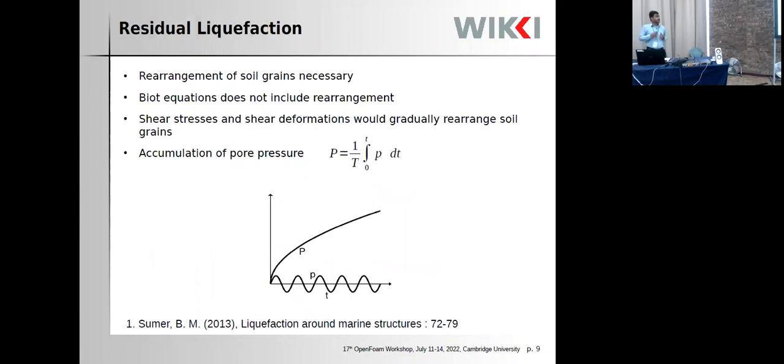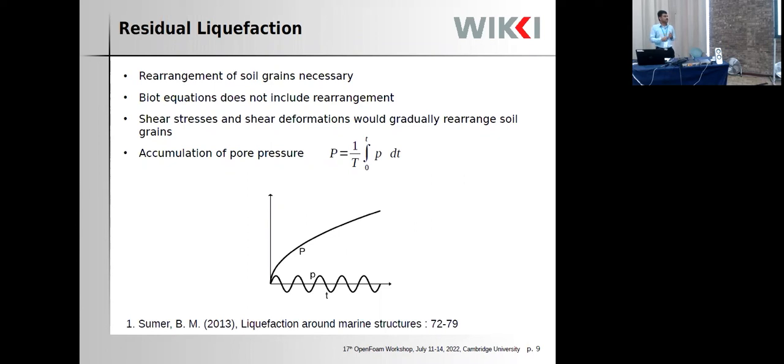But in order to have a residual liquefaction, those two equations are not enough, because the pore pressure is instantaneous, and they do not calculate the rearrangement of soil grains. The residual liquefaction needs the rearrangement of soil grains. The shear stress and shear deformations would gradually rearrange the soil grains.